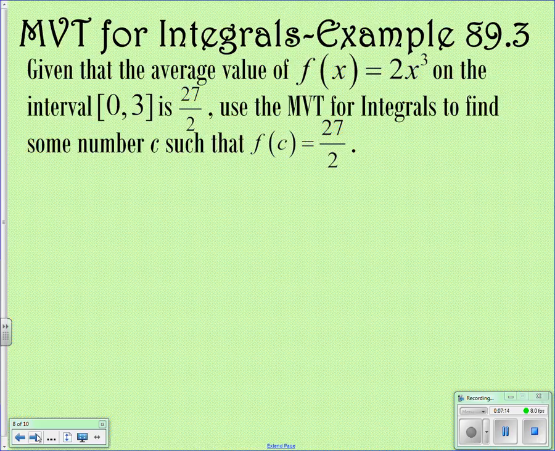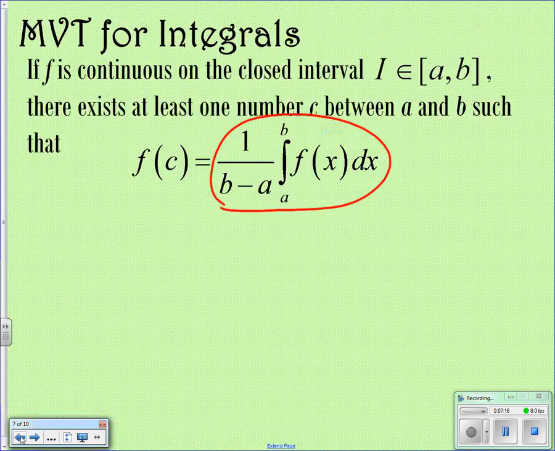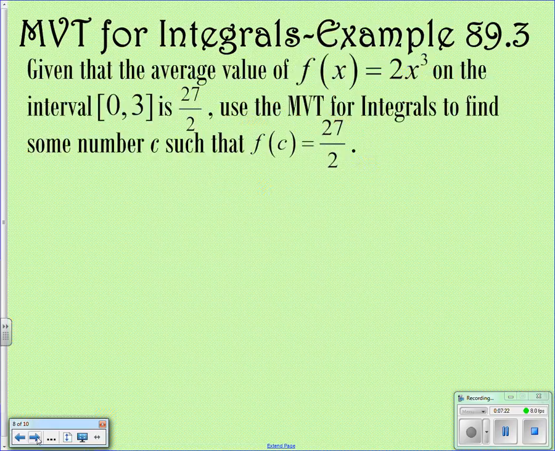It only tells us that it exists. It says there exists a number c between a and b such that it's true. It doesn't tell you that you can find it. So given that it is telling us to use the mean value theorem for integrals to find the number, we can't actually find it, because it only tells us that it exists.